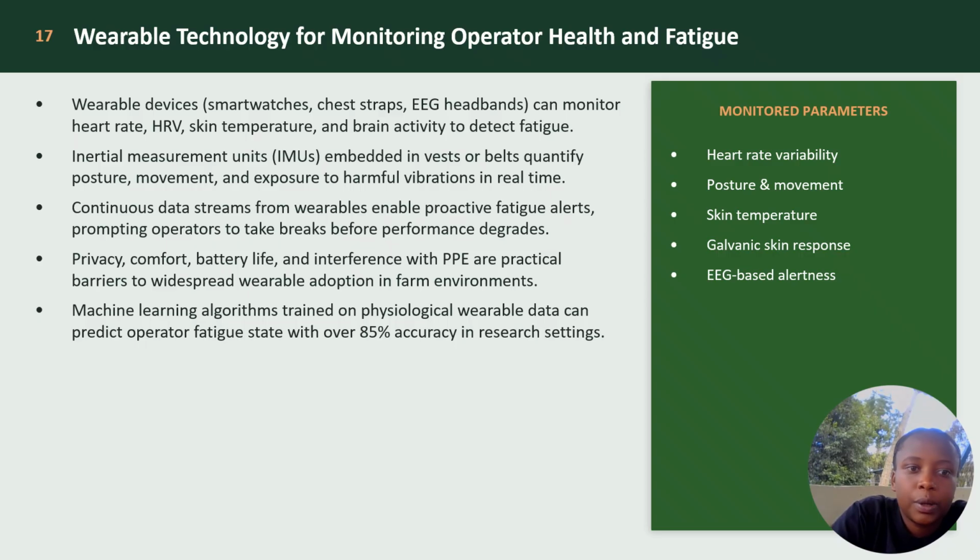Topic 17 is wearable technology for monitoring operator health and fatigue. First one: wearable devices such as smartwatch, chest strap, and headband can monitor heart rate, HRV, skin temperature, and brain activity to detect fatigue.